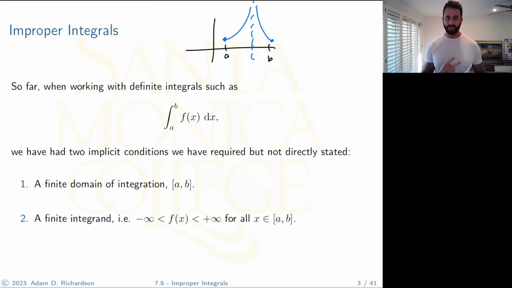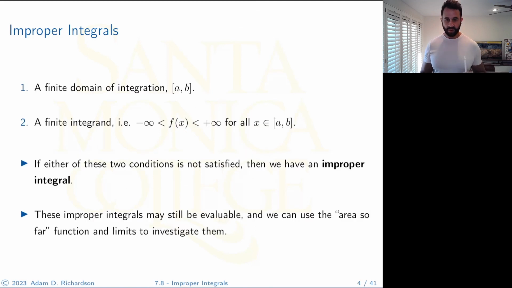So those are the two types of improper integrals, ones that have an infinite domain and ones that have a discontinuity. If either of these two conditions are not satisfied, the ones above here, then we have what's called an improper integral. It is an improper integral because it doesn't fit the conditions of a standard Riemann integral in order for us to compute an integral or evaluate it or even investigate it.